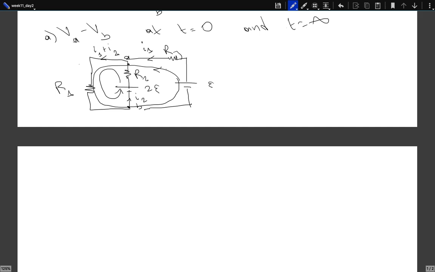Now the small loop would just tell me, if I write the potential increases: 2 epsilon minus I2 R2 minus (I1 plus I2) R1 is equal to 0. Do you agree? Anybody who has any problems writing such a loop rule for Kirchhoff's rules?